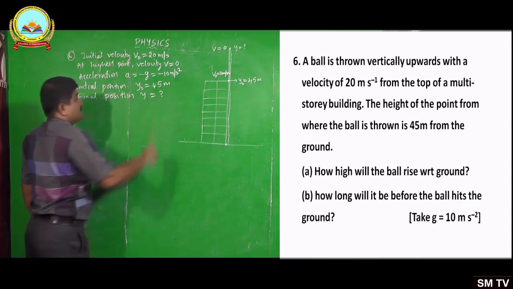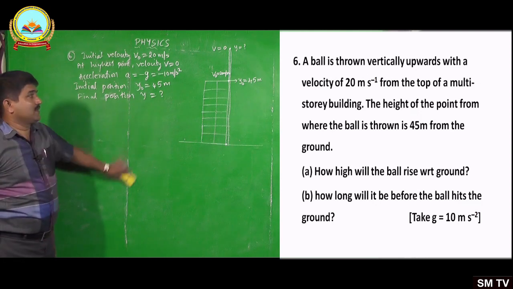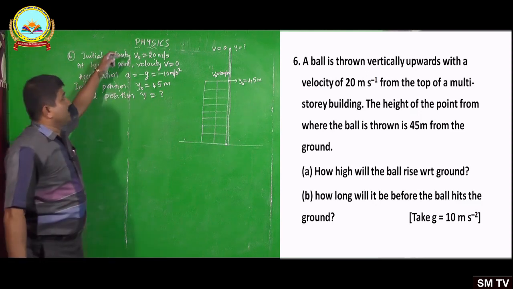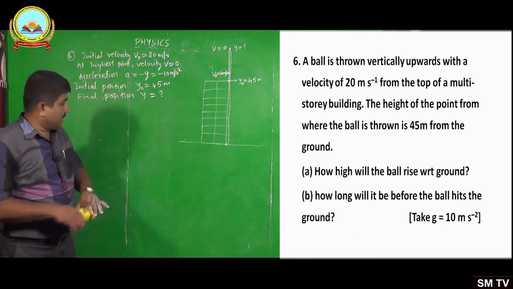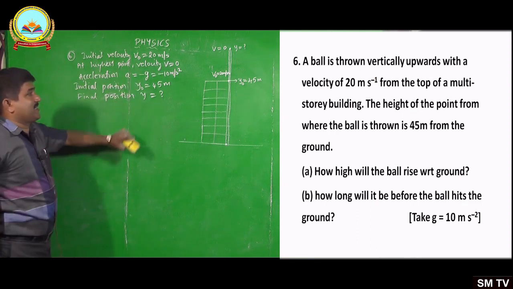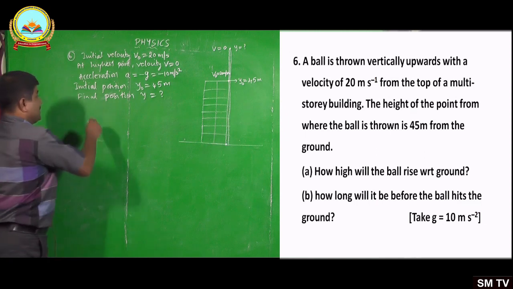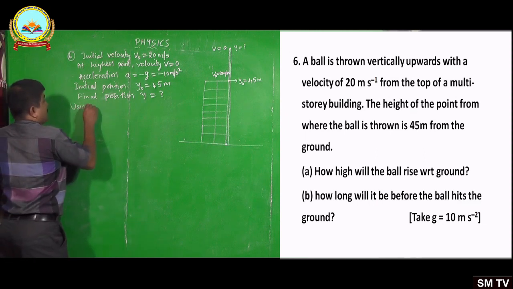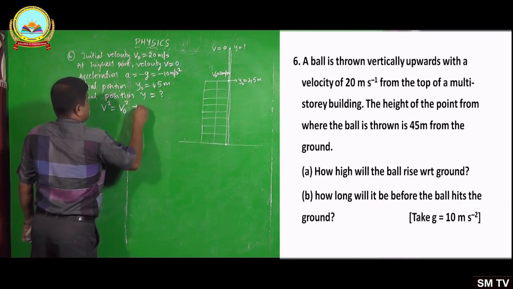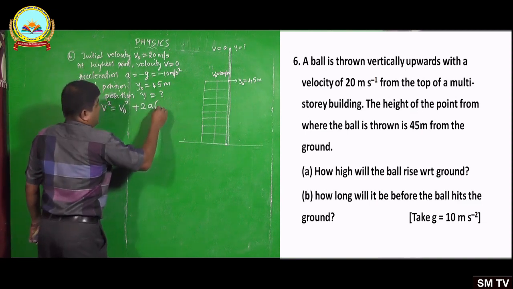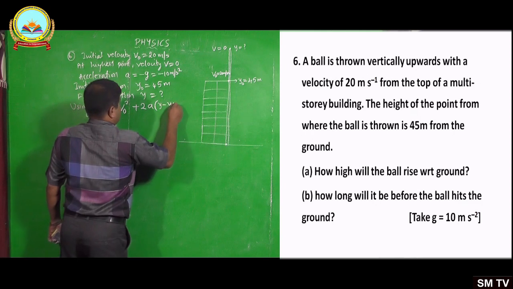equals how much? The equation, see the data here again: v0, v, a, y0, y. Again the last equation of motion, because here also time is not given in the question. So using the equation v square equals v0 square plus 2a into displacement, which is y minus y0.